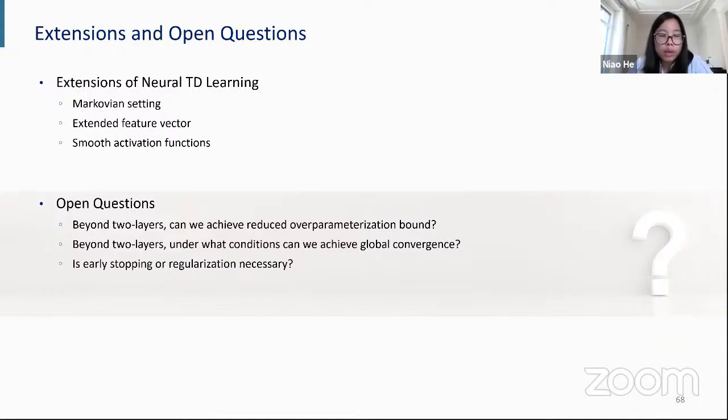They don't really do any early stopping. Is this really necessary? So far, our analysis shows these are quite essential in order to reduce the overparameterization complexity. And also, does this result extend to deep Q learning algorithms? Instead of just policy evaluation, if you want to find the optimal policy and apply Q learning algorithms instead, does this generalize to that?